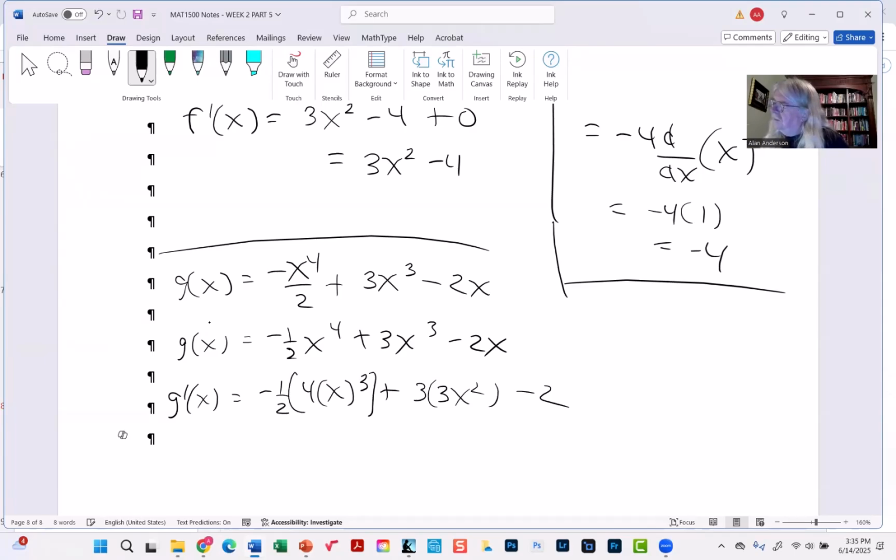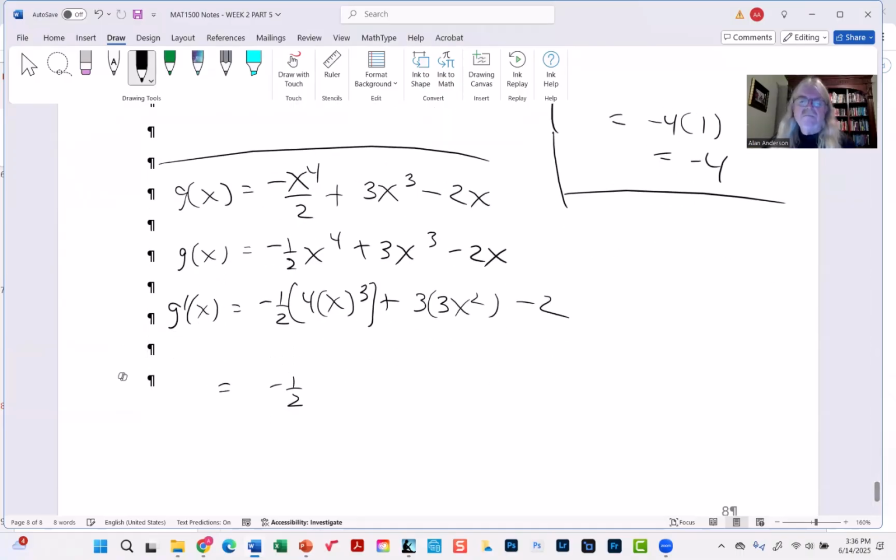So when you multiply negative 1/2 by 4, you'll end up, of course, with negative 2. And this is your final result.